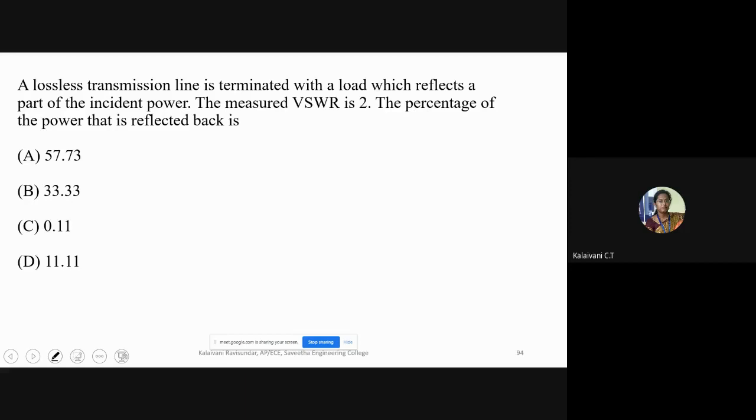Next, we have to find the percentage of power reflected back. Given VSWR, the reflected power divided by the incident power is equal to the modulus of the reflection coefficient squared.